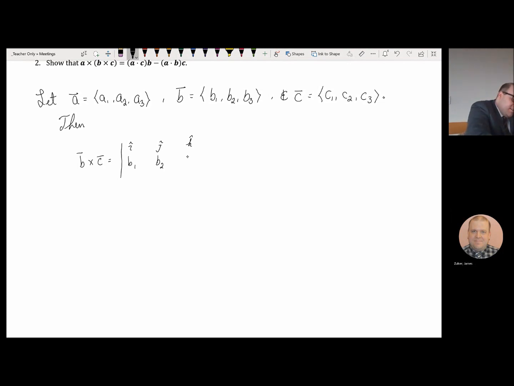Second row is our B. Third row is our C. And take that 3x3 determinant.